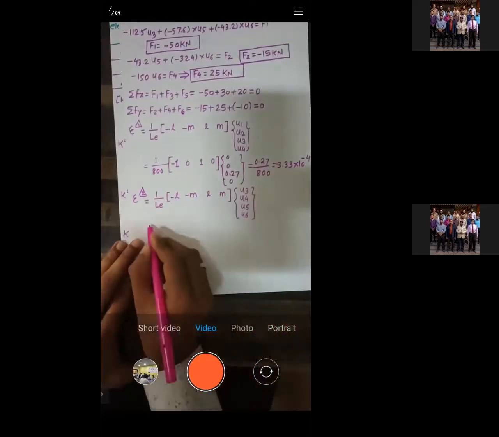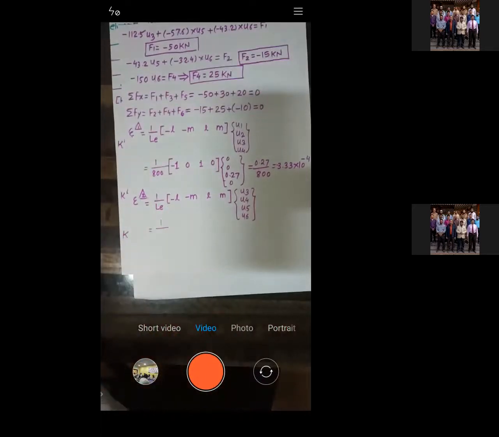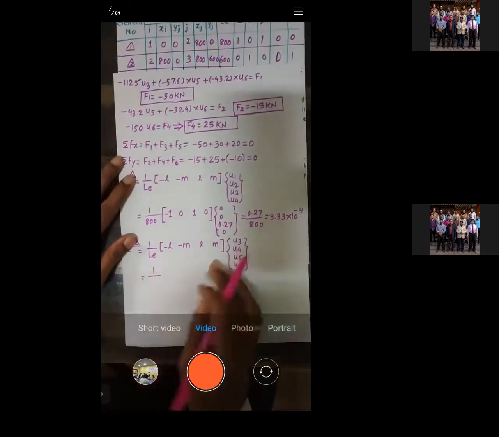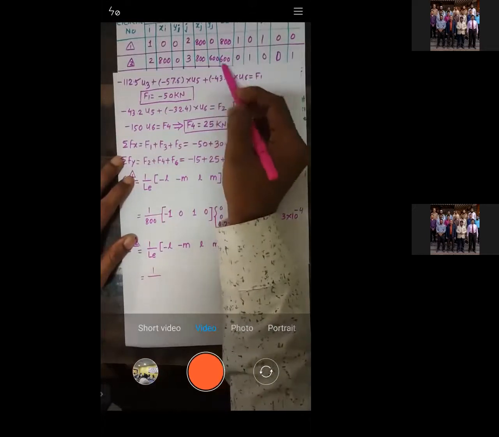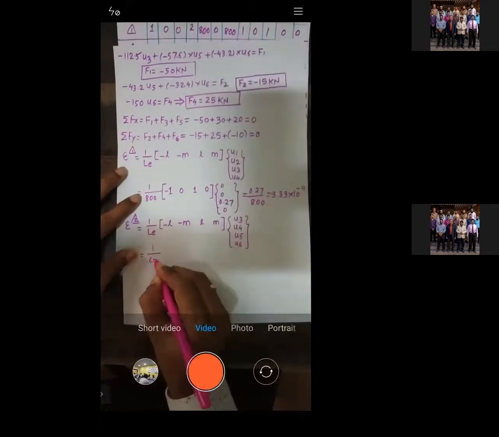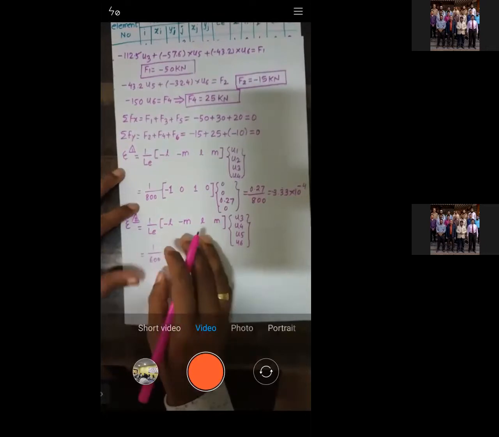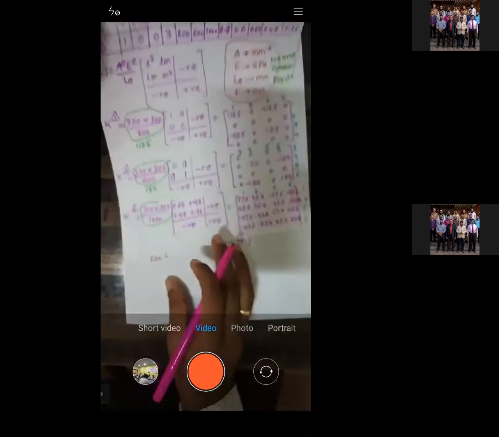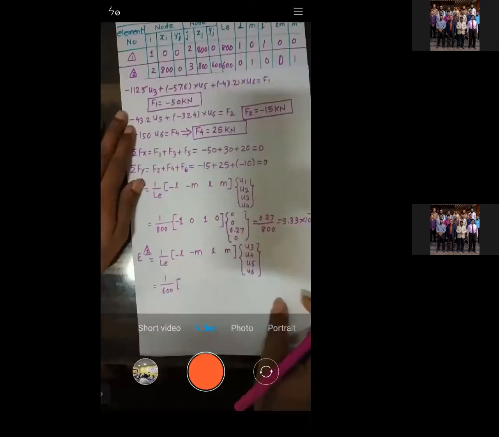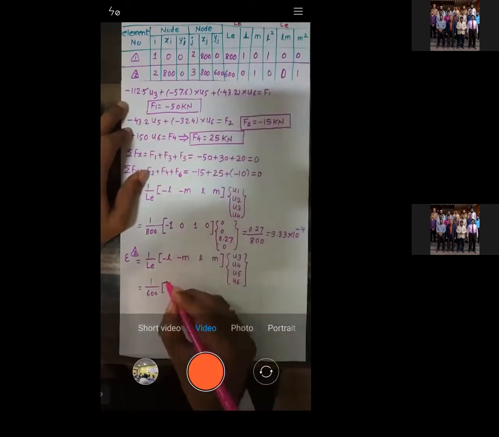So let's do that. It is 1 by the length of element number 2, which is 600, into minus L. Minus L is -0, which is 0.